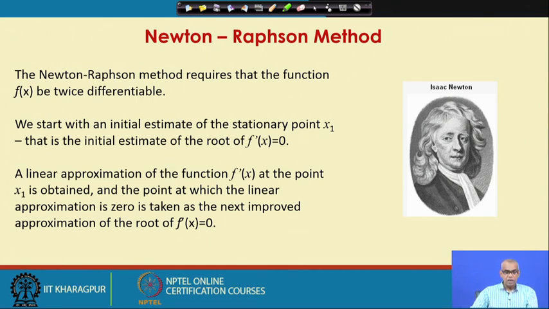Then a linear approximation of the function f prime x at the point x 1 is obtained. How? By Taylor series expansion. And the point at which the linear approximation is 0, that means where this tangent line crosses the x axis, that point will be taken as the next improved approximation of the root of f prime x equal to 0.